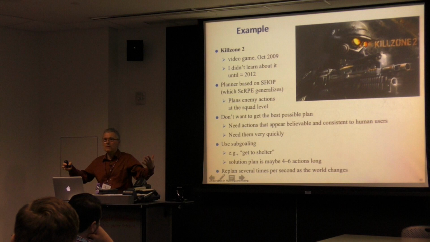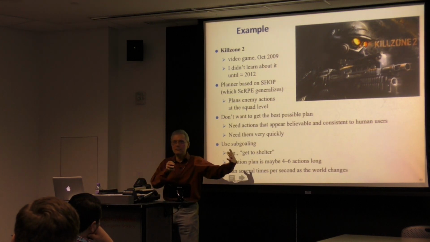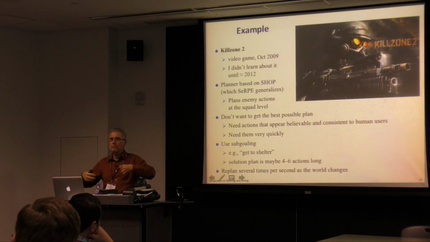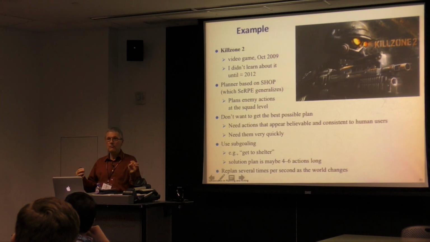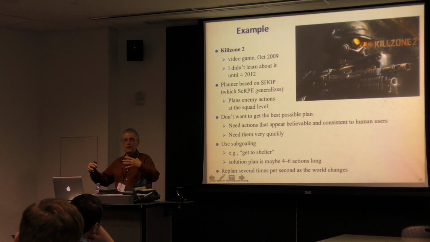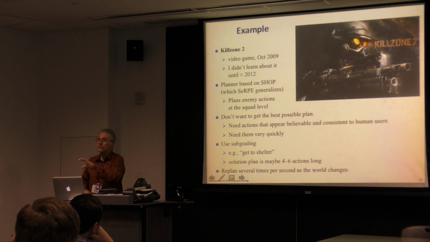And so it comes up with a plan that's maybe 4 or 5 actions long for doing that, and it executes that. As you're doing that, the game is running the planner again and again and again, several times a second, as the state of the world changes. And so, therefore, if something changes that makes that plan not a good one anymore, it's going to react by coming up with a different plan.